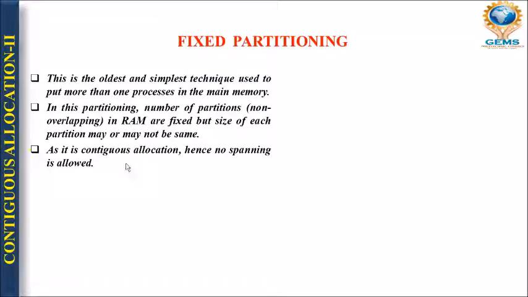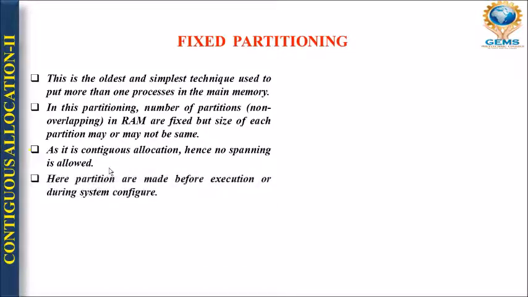Next, here the partition is made before execution or during the system configuration. So before any processing, before execution, we create the partitions beforehand. That means we already propose the model before executing the process.